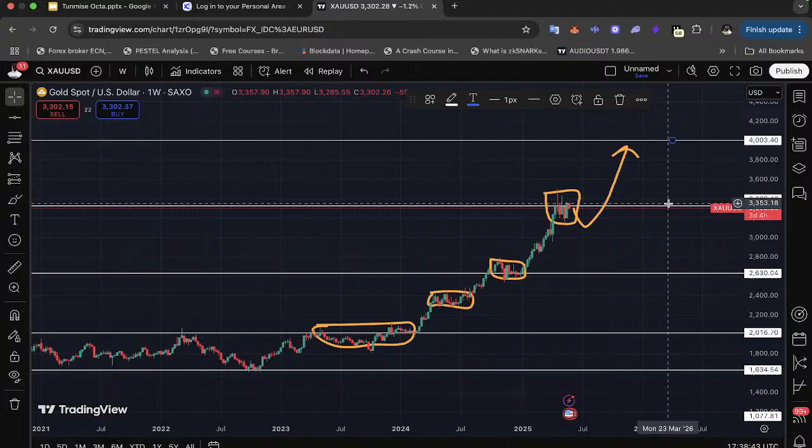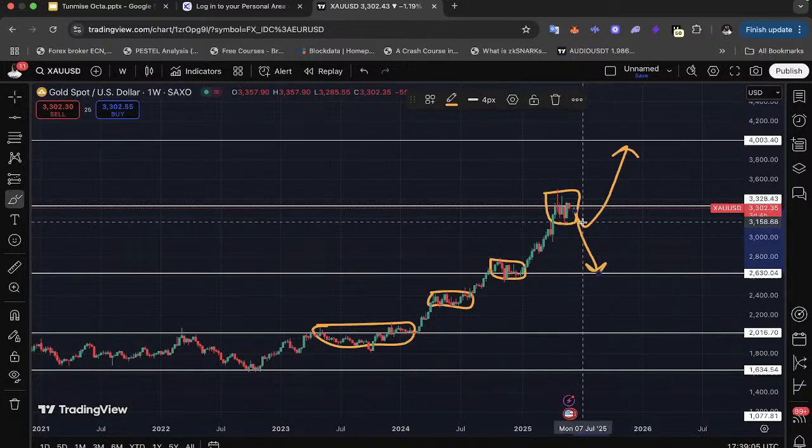That's the current target for gold. And if gold ever makes a pullback, then the next touch point would be 2,600. So if gold is going to go up, it's going to touch the $4,000 mark. If gold is going to come down, it's going to touch the 2,630 price level.